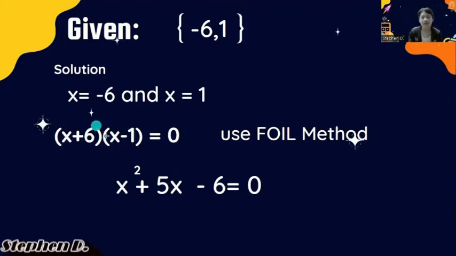Then the last terms, 6 times negative 1, that's why we got negative 6. Then from our outside and inside, 6x minus x, we get positive 5x. And our quadratic equation is x squared plus 5x minus 6 is equal to 0.